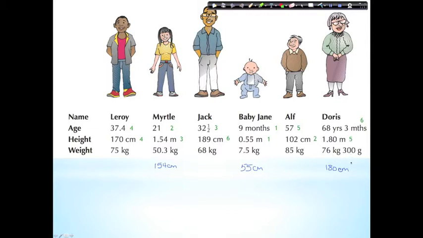Okay, but the numbers are quite far away from each other, so we should be able to do it without converting. So the lightest is obviously going to be Baby Jane at 7.5 kilos, then Myrtle, then Jack, then Leroy, Doris, and Alf.